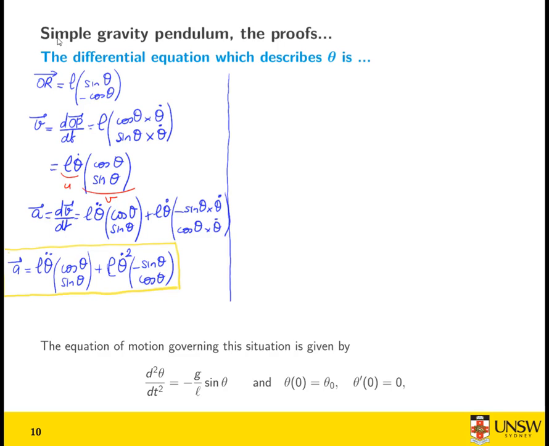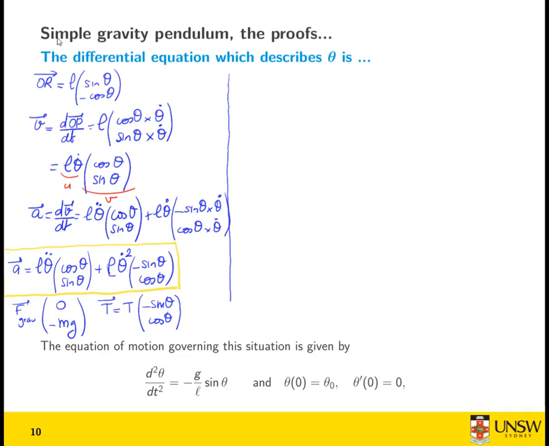We are now ready to use Newton's law of motion. Let me remind you what the forces were. The force of gravity has components equal to 0 and minus mg, and the tension on the chord has coordinates T times minus sine theta and cosine theta.